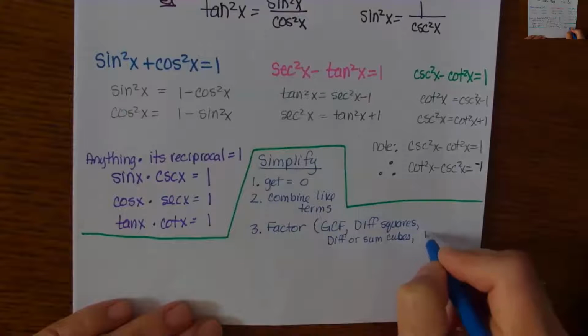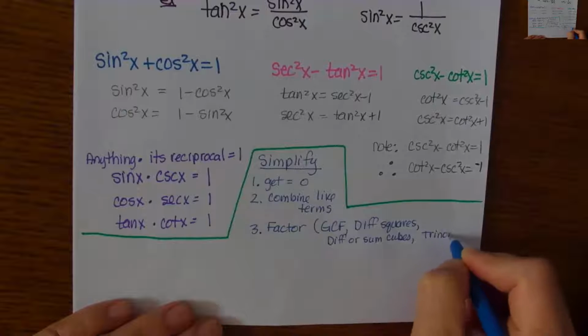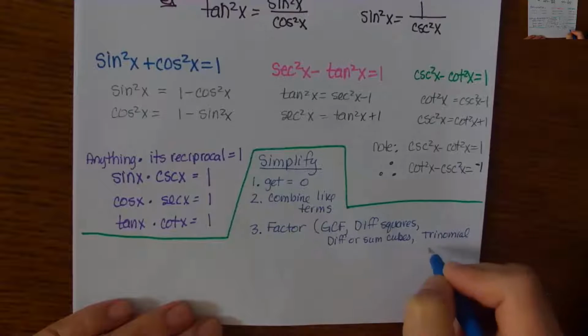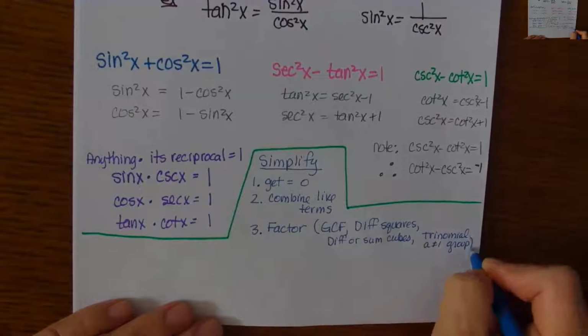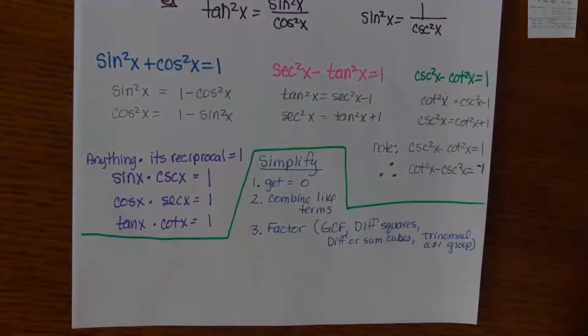Or we have a trinomial. If A doesn't equal 1, sometimes you guys group it. I want you to work on guessing and checking because it's a better system at your high level of math. So keep this in mind when we work today.